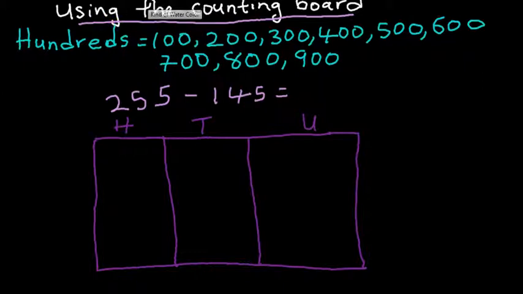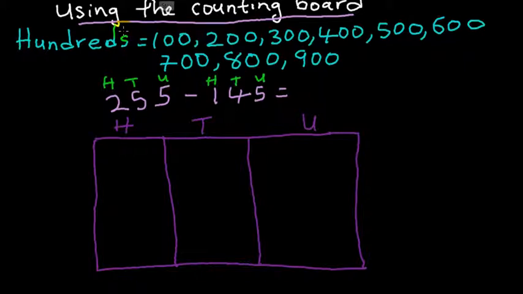So right now we're going to place the apples. The apples are going to represent the numbers in the columns. Remember to label the columns: hundreds, tens, and units.